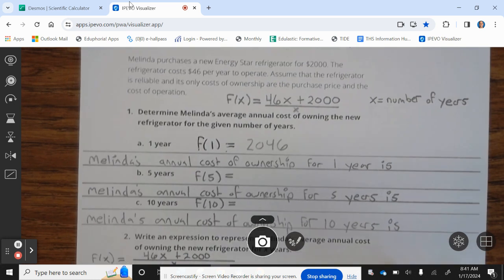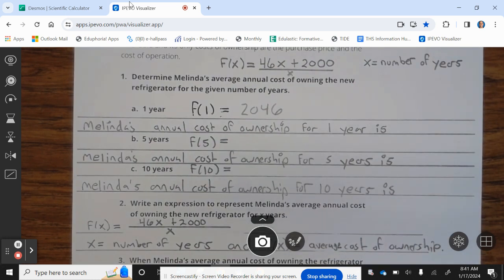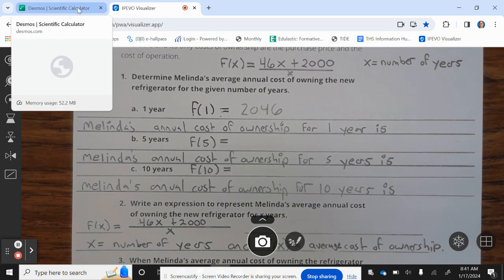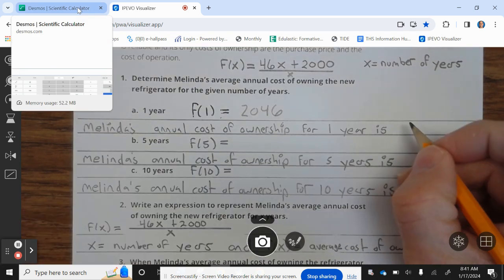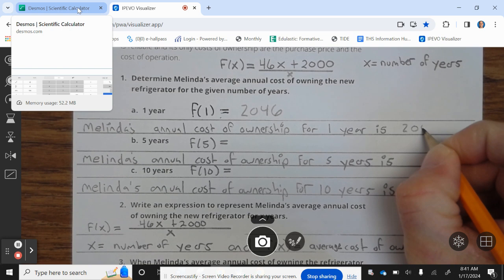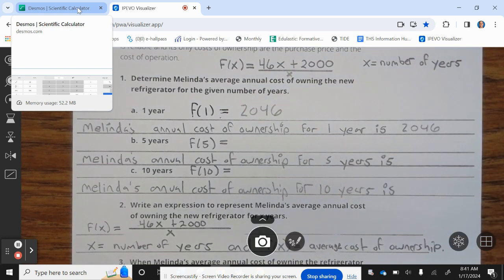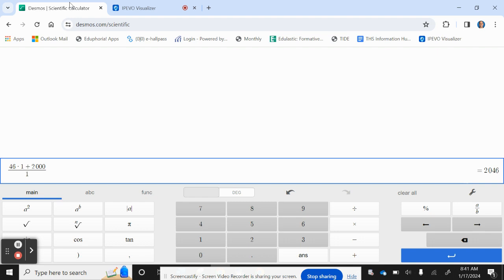Melinda's annual cost of ownership for 1 year is 2,046. Now, the average cost for 5 years. Let's do f of 5. 46 times 5 plus 2,000, divided by 5, is 446.